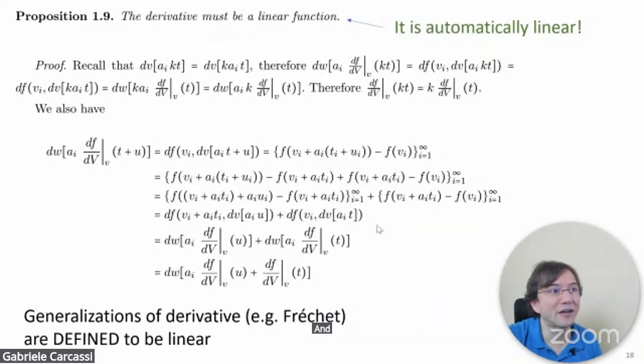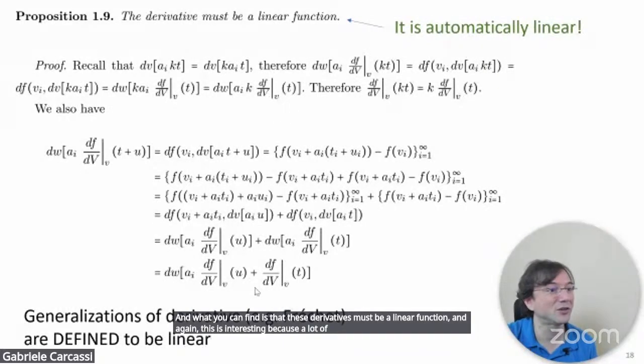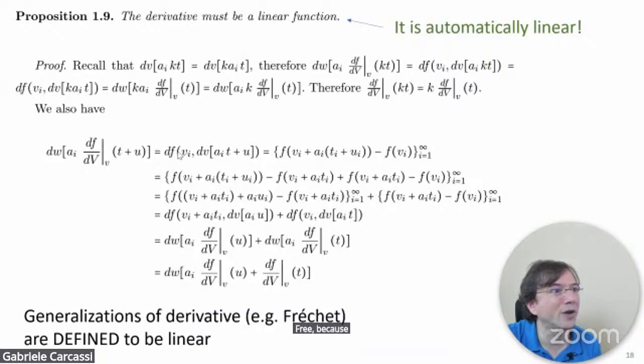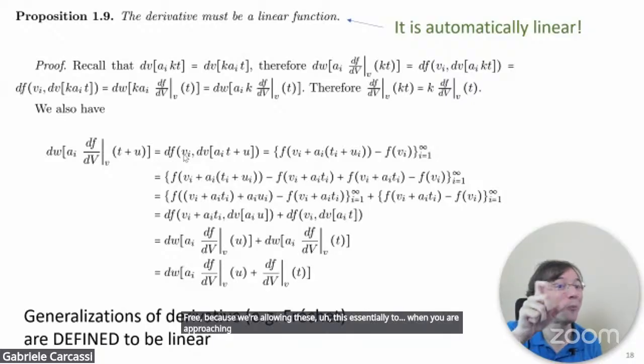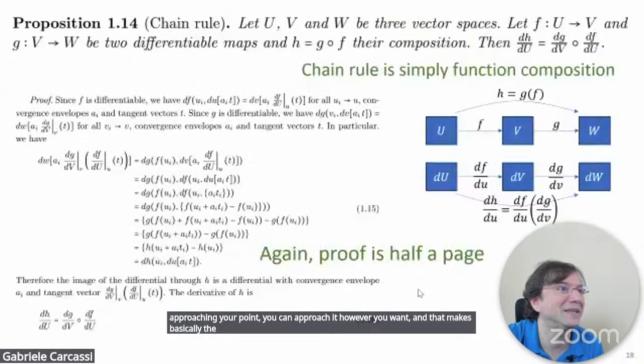And what you can find is that these derivatives must be a linear function. And again, this is interesting because in a lot of the generalizations of derivatives, like Fréchet and others, you have to impose somewhere that they are linear, and we get it for free because we're allowing you, when you are approaching your point, to approach it however you want, and that makes the linearity equivalent to that.